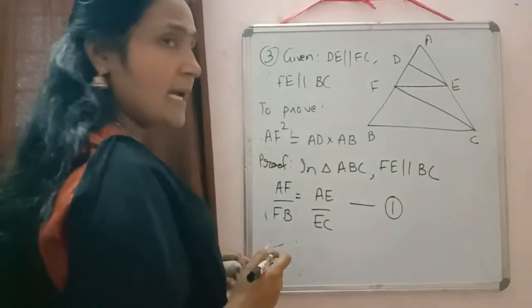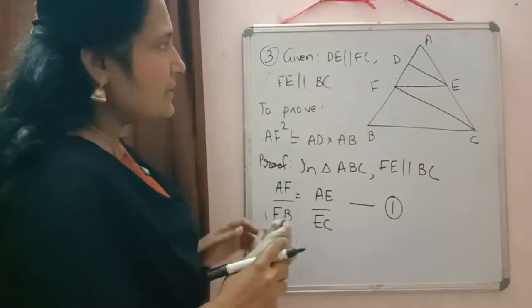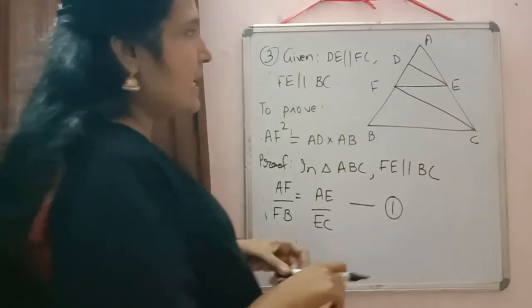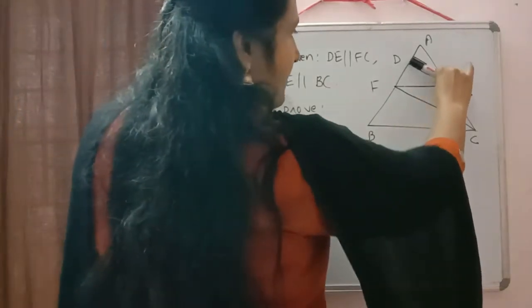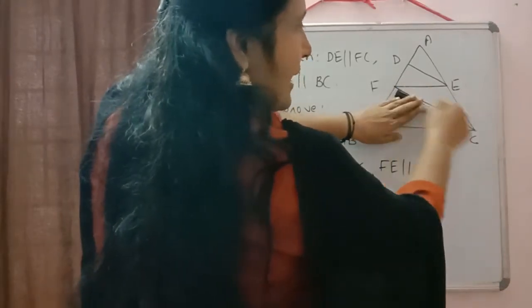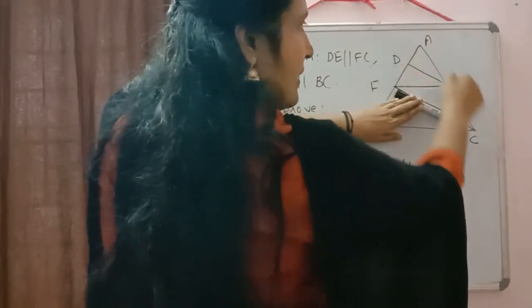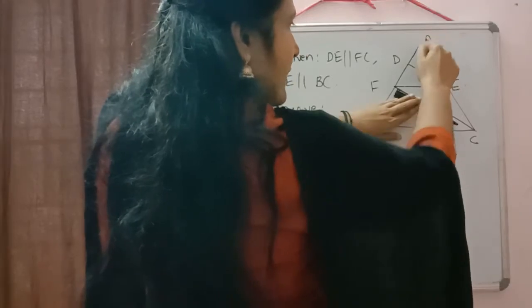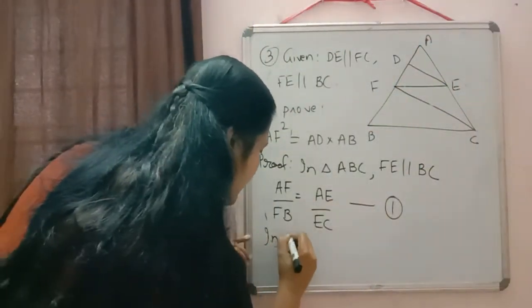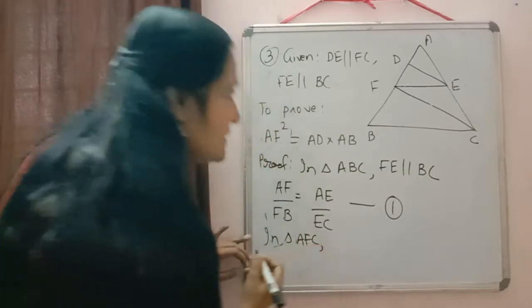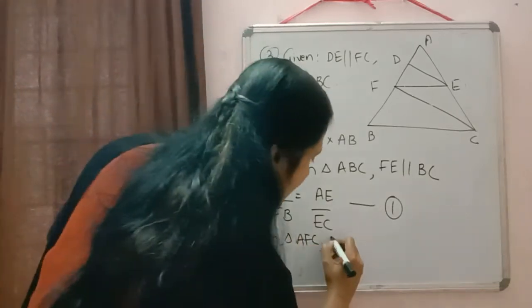Now we will check if any other triangle is there. Any other parallel line we have here? Yes, DE parallel to FC. So we have this triangle now. Which one? Triangle AFC. So just write down now, in triangle AFC, which line is parallel?